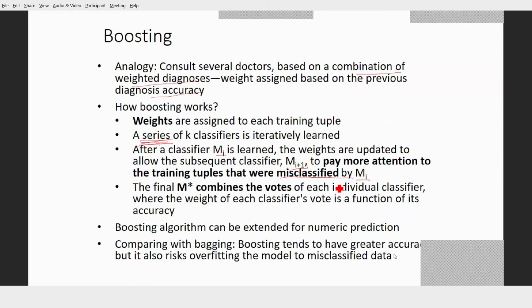So the error on the training data itself can always be considered: in spite of the fact that the same data set was used for training, the same data sets are misclassified, or even in testing data, if they are misclassified, those tuples are given higher weights in comparison to the tuples which were correctly classified by Mi, because the ith classifier is able to handle all the data items of that particular type but is not ready to classify the instances which are misclassified, right?